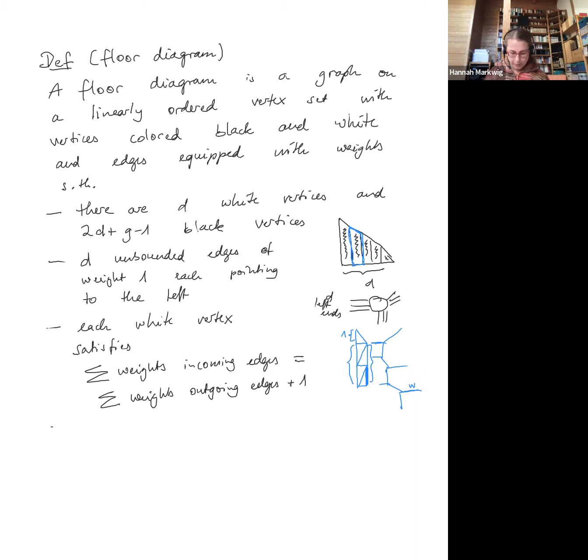Okay. Each black vertex is of valence 2, and the weight of the incoming equals the weight of the outgoing.